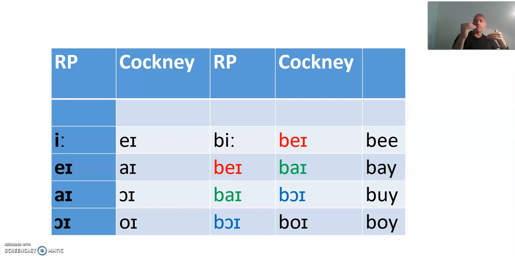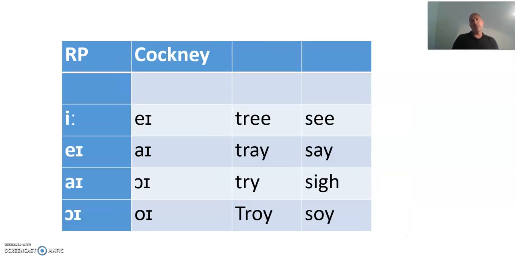It's more or less, I mean, three of those are the same diphthongs, more or less, but they have just shifted position, and therefore it's called a proper shift. I have more examples. Tree, and then Cockney tray, and then tray, in Cockney try, and try out, in RP try, in Cockney soy.